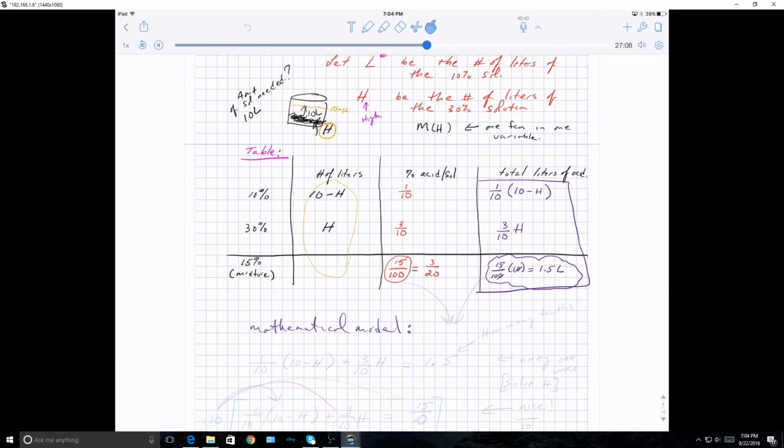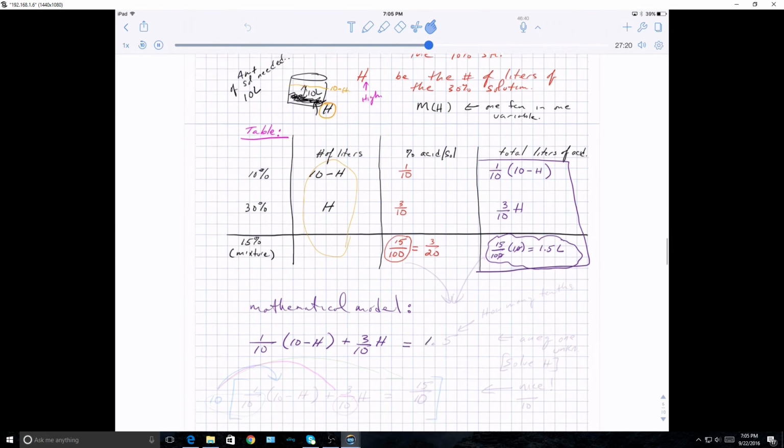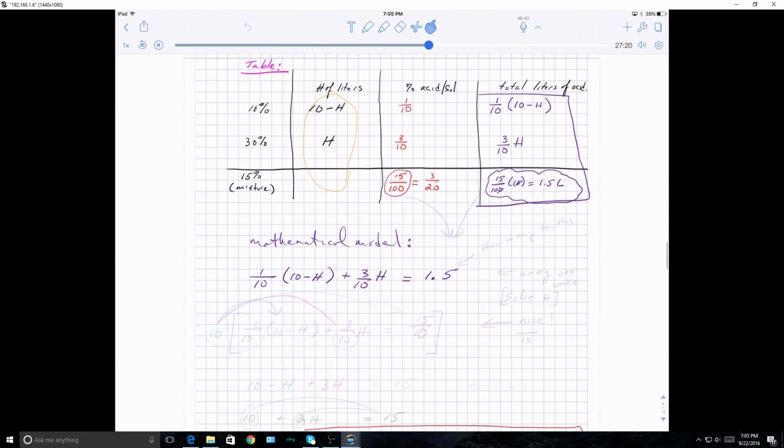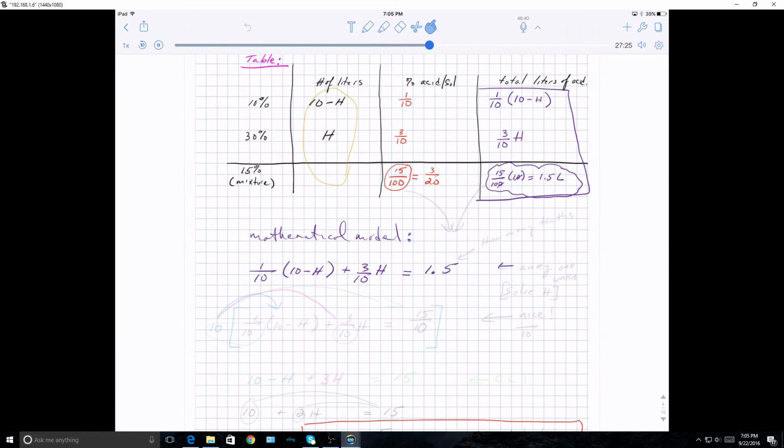Well, the mathematical model in this case is 1/10 the quantity 10 minus H, plus 3/10 H, is equal to 1.5. So we have an equation with one unknown, which means we can solve for H.